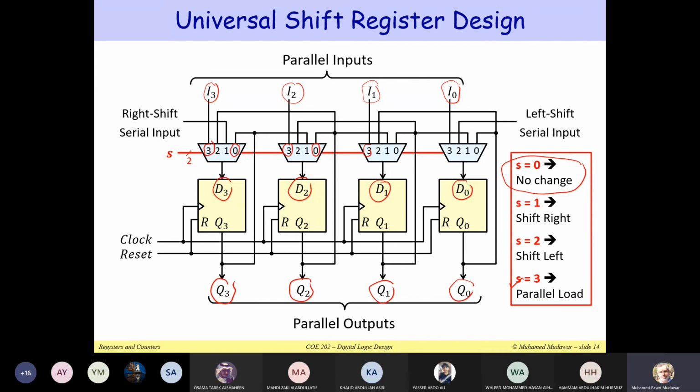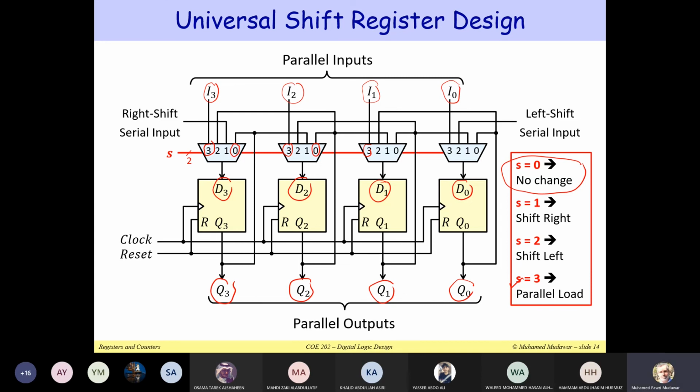So we select input 0 to be Q3, Q2, Q1, Q0, as if we are loading the same output. When you load the same output, it does not change the output of the register.